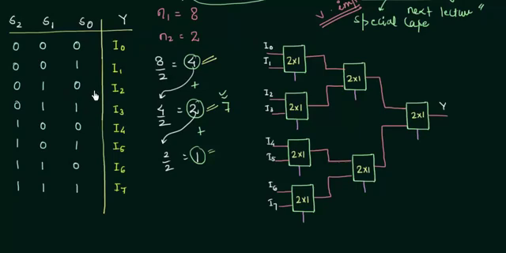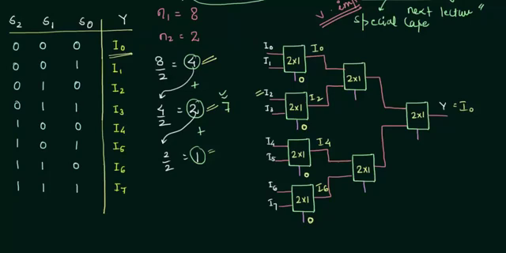So let's say if I want I0 as the output, then out of I0 and I1 I have to select this one. So I will write 0, and I have to give 0 to the select lines of these 4 2x1 mux. So at this point I0 is selected, at this point I2 is selected, and at this point I4, then I6.